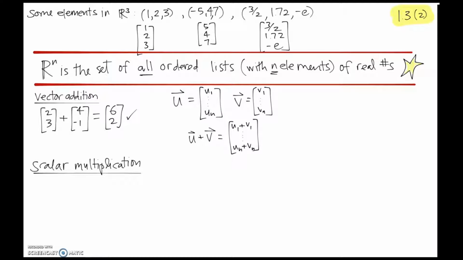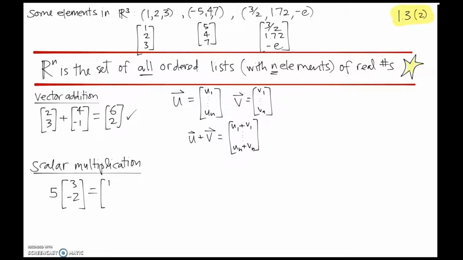Well, say that we have the vector (3, -2) sitting in R2, and we're going to multiply that vector by 5. Then you take each element in the vector and multiply it by 5.